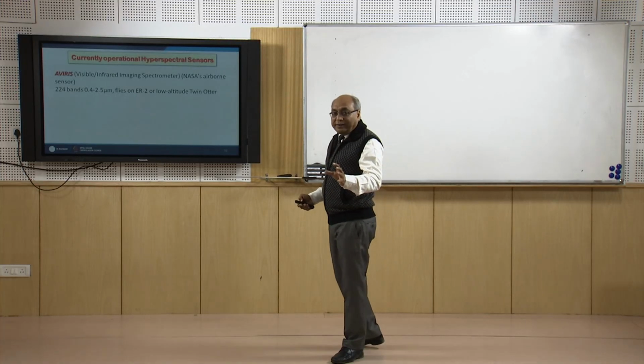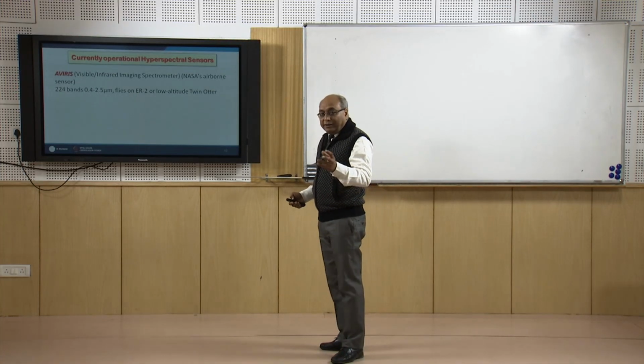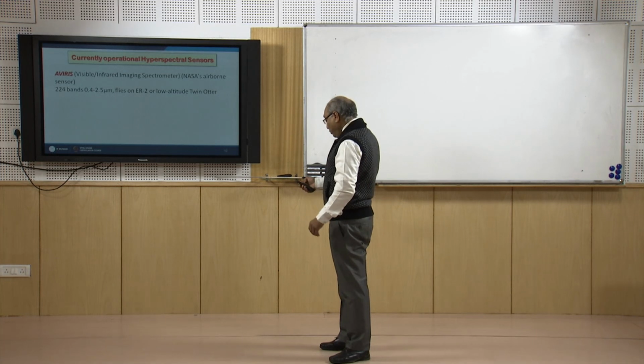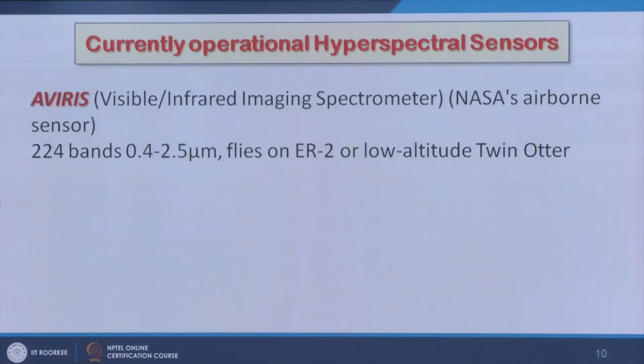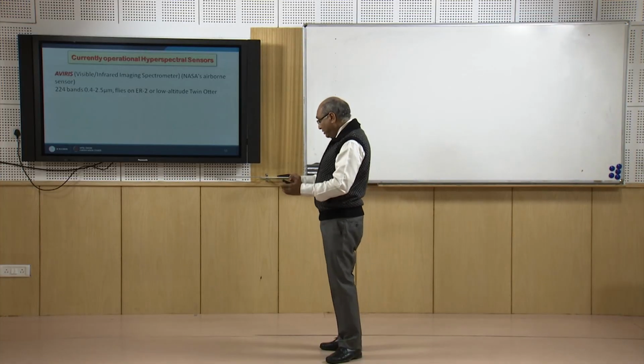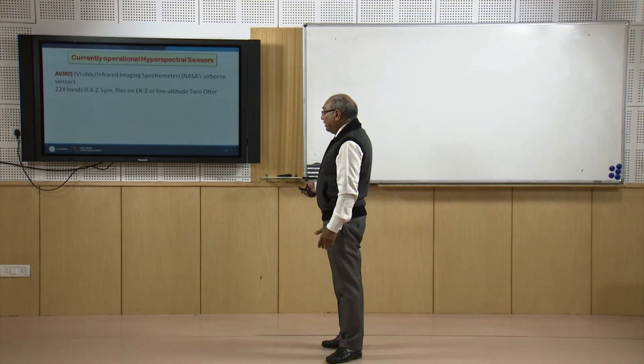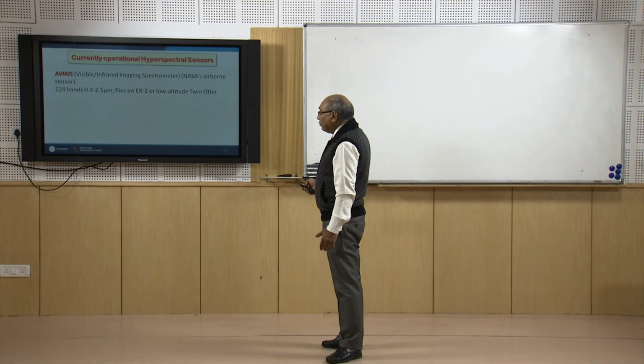Just compare Landsat 8 data, just 11 bands, with 224 bands, and 0.4 to 2.5 micrometers. So it covers almost the same EM spectrum as Landsat 8, except the thermal. It flew on the ER-2 or a low-altitude Twin Otter.